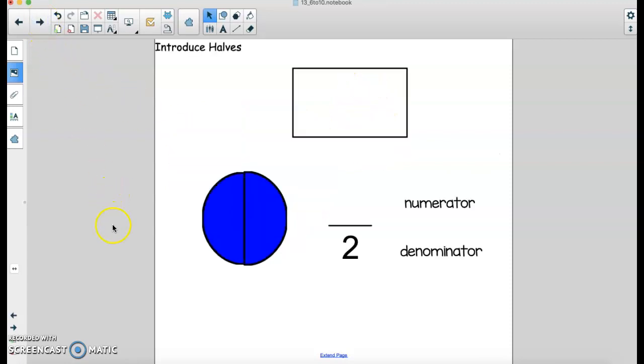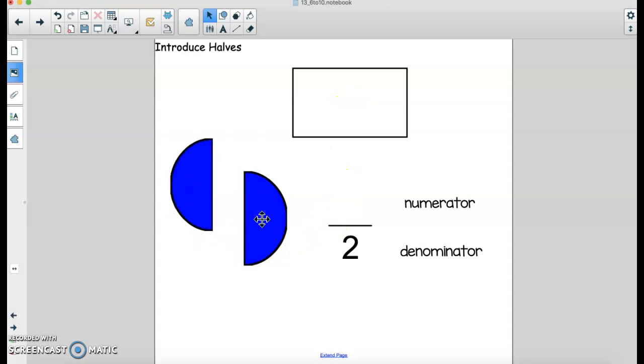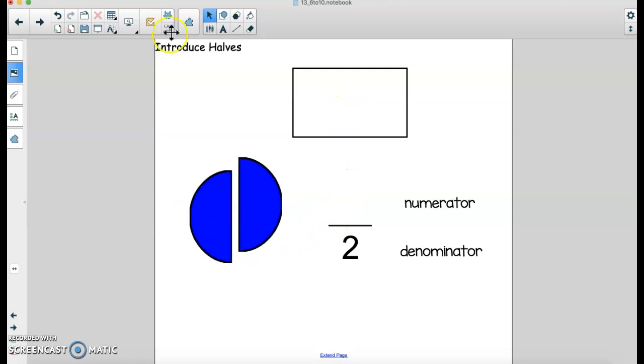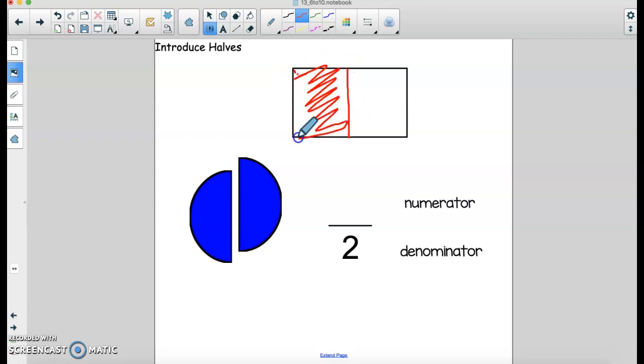Now if we talk about, well, same thing, 1/2, or if I had a candy bar, I would have to slice it right down the middle. And this goes back to thinking of equal shares, making sure that they're equal. So if I said, I would like to give half of this candy bar, that would mean I would give this to somebody else.